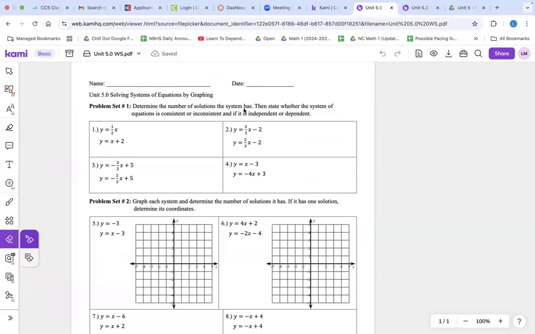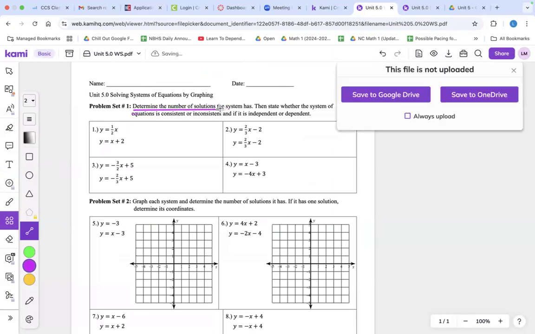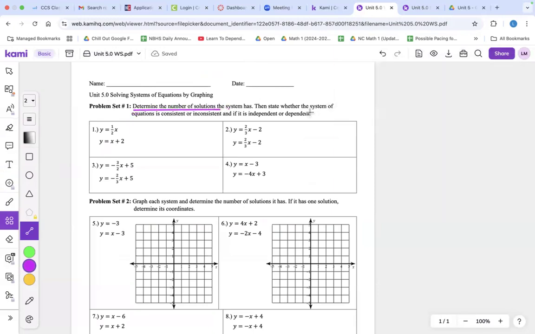It says determine the number of solutions the system has. That's underlined. Determine the number of solutions. State whether the system is consistent or inconsistent, independent or dependent. Here's something I need you to remember.